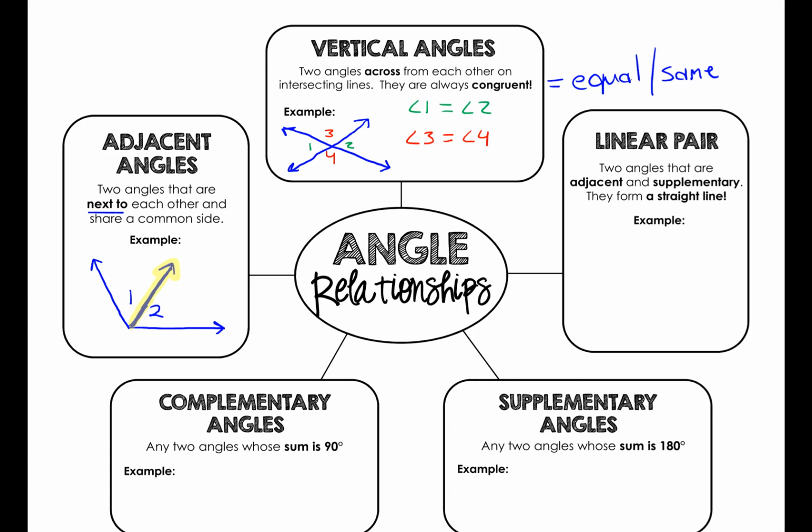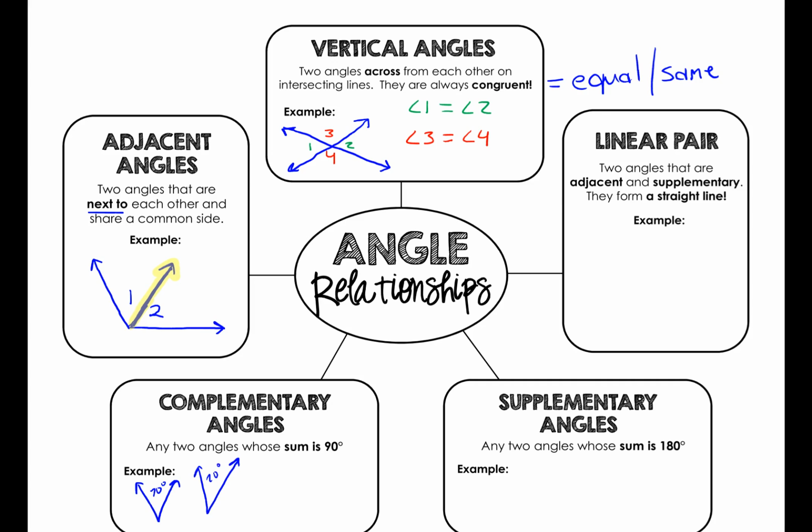Okay, working counterclockwise, down at the bottom left here, let's look at complementary angles. They are any two angles whose sum is 90 degrees. So for example, you could have an angle here that is 70 degrees, and an angle here which is 20 degrees.